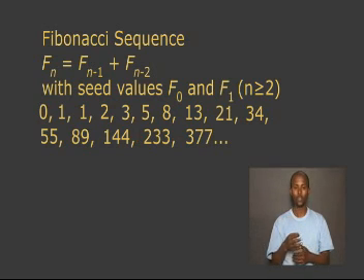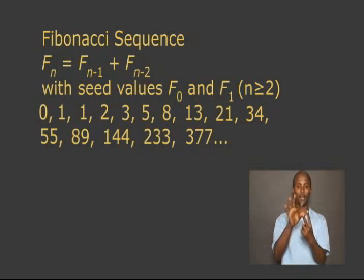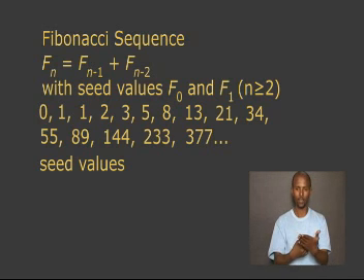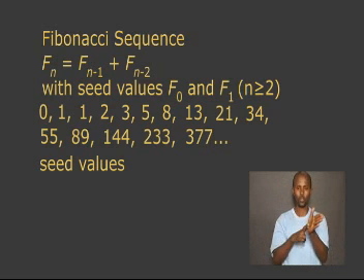This is called a recursion formula. The sequence is constructed by choosing the first two numbers called the seed values. Then we assign the rest by the rule that each number be the sum of the two preceding numbers.